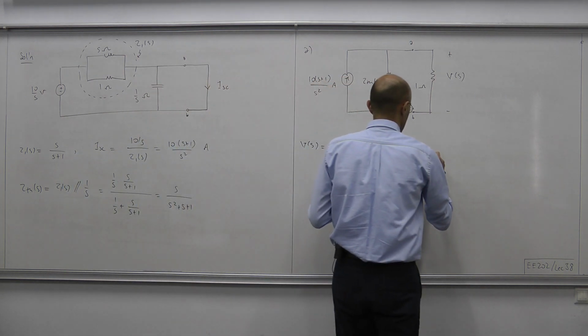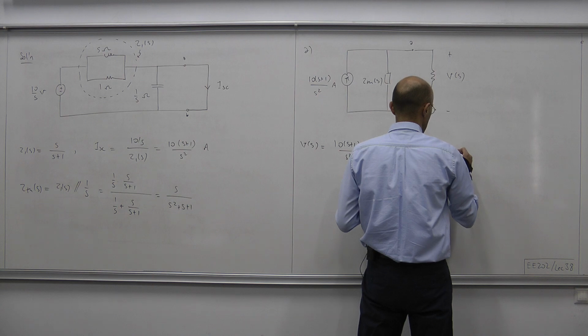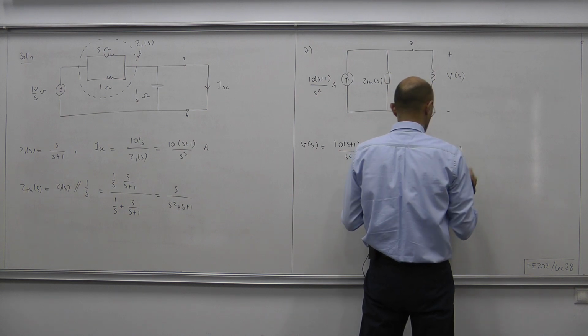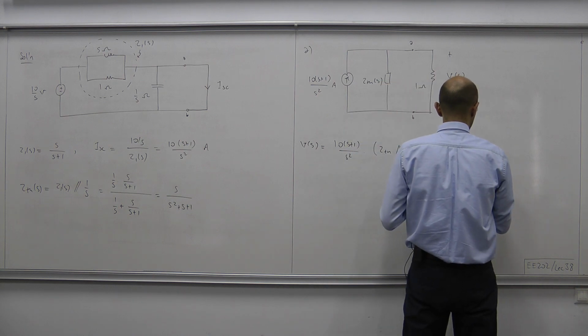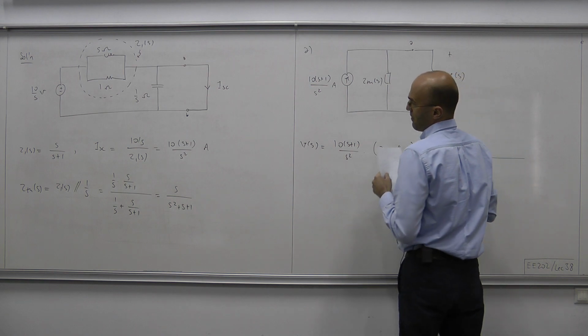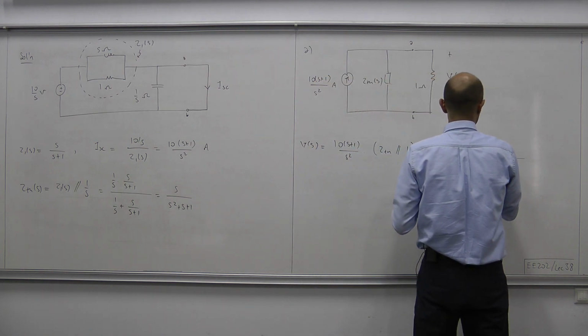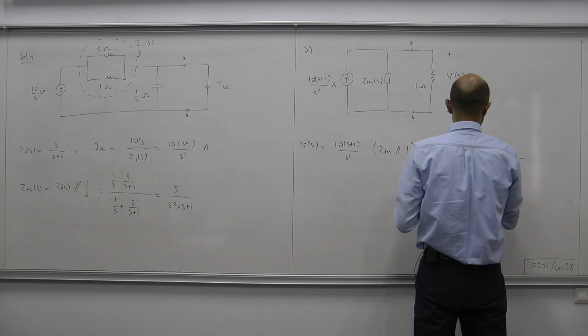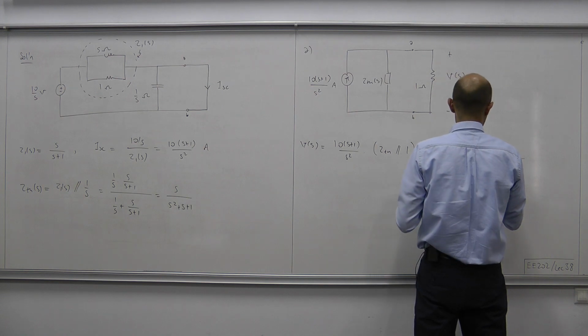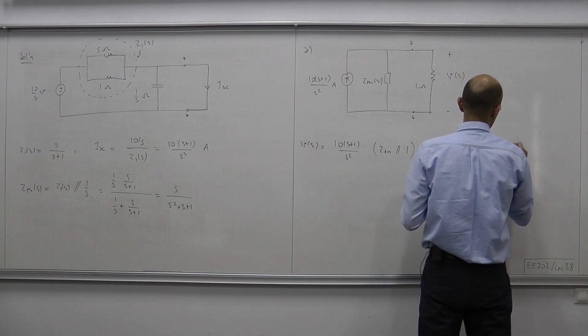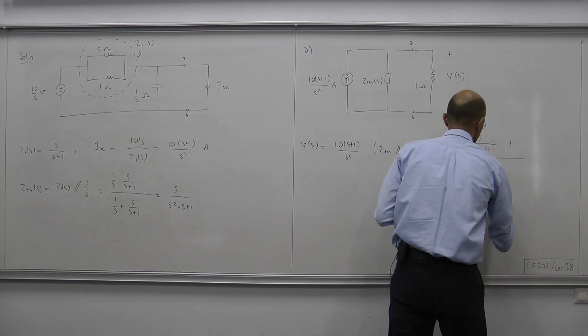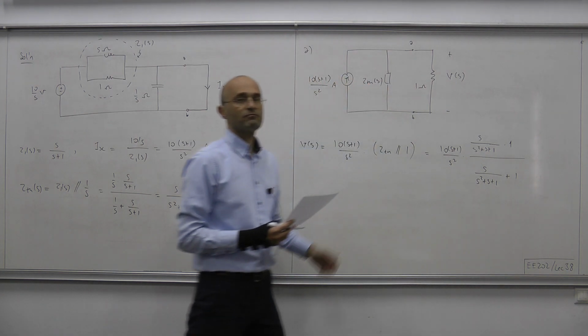Okay, so that equals 10 S plus 1 over S squared times, okay, Z Thevenin is here, S over S squared plus S plus 1 times 1, and then we have S squared plus S plus 1 plus 1.